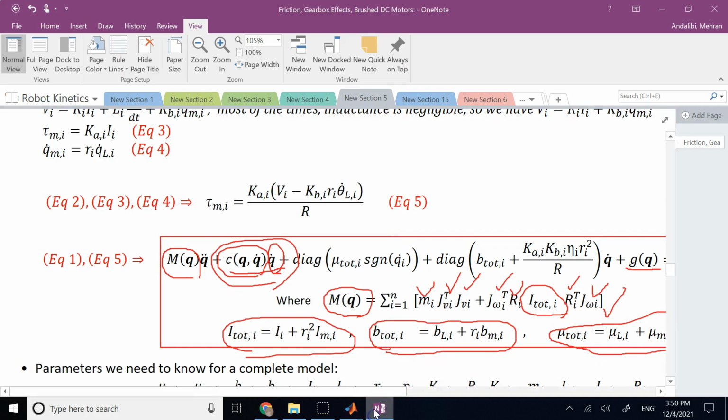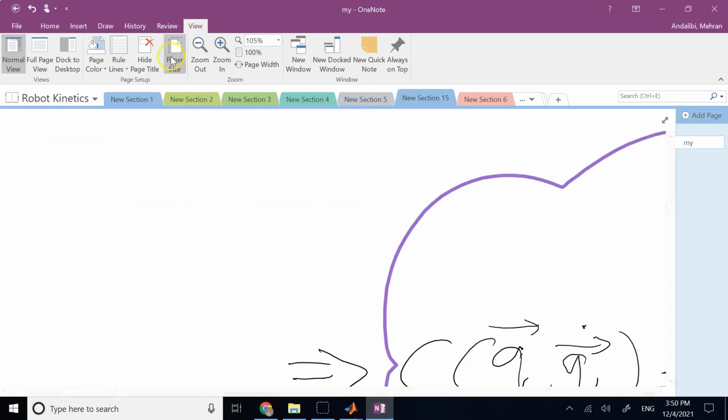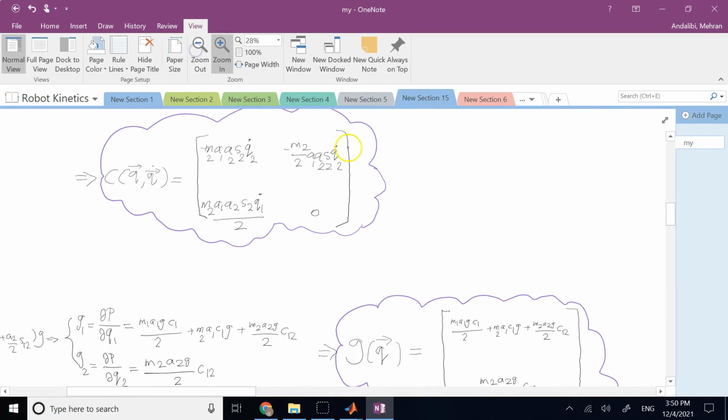And if you multiply this C matrix that you see here by Q dot vector, which is basically Q1 dot and Q2 dot, what would you get?